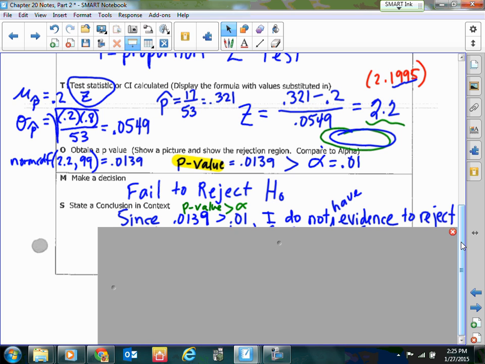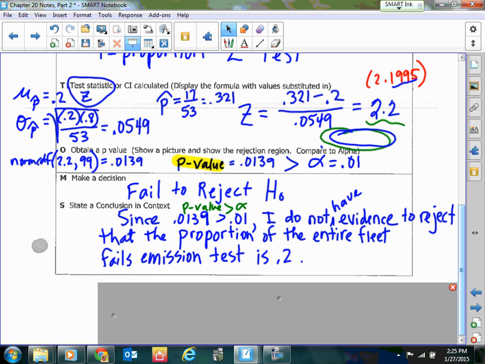It has to be context. You go up to the top where you wrote what your p is and do that: that the proportion of the entire fleet that fails the emission test is 0.2. Basically restate the null hypothesis there in context. Okay? That is a full phantoms model.